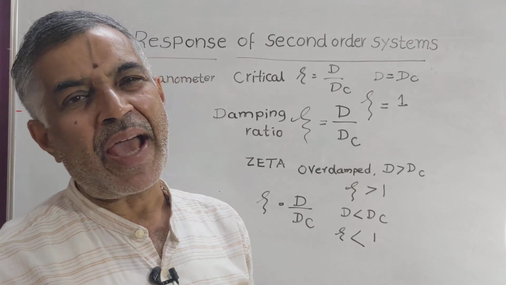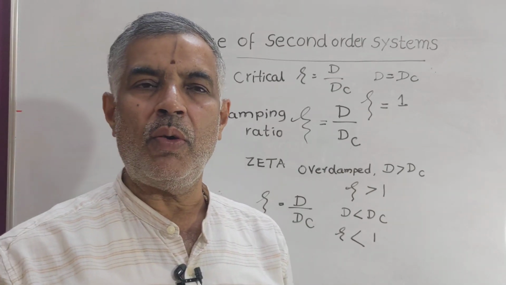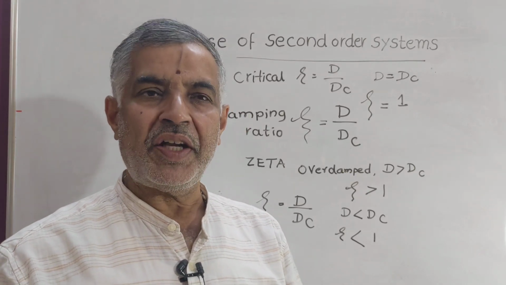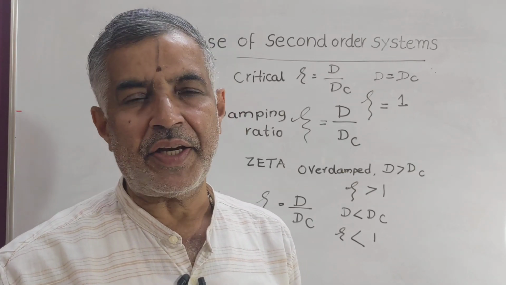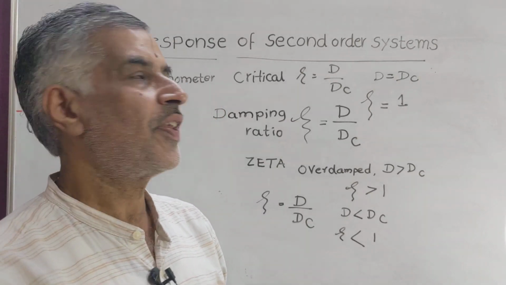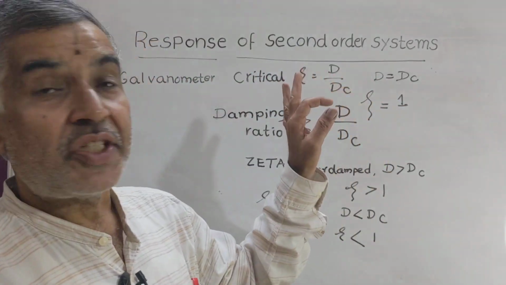With this background, in this class I explained the role of damping, what is the overdamped case, what is the underdamped case, and what is the critical damped case. In the next class I will take up the response of a second order system subjected to step input.